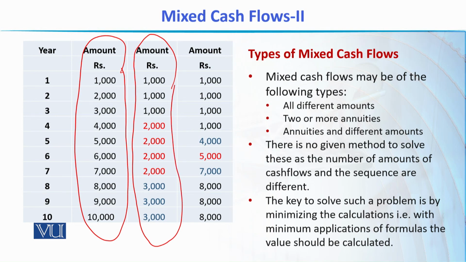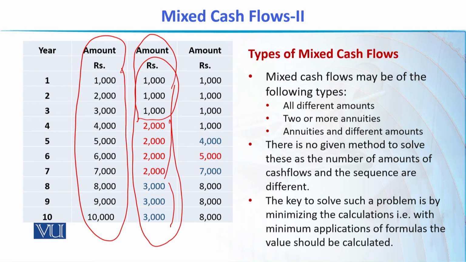The first three amounts of 1000 rupees each actually form an entity. Similarly, the next four amounts also form an entity, and the last three amounts also form a third entity. So in this kind of mixed cash flow, we have three different entities.